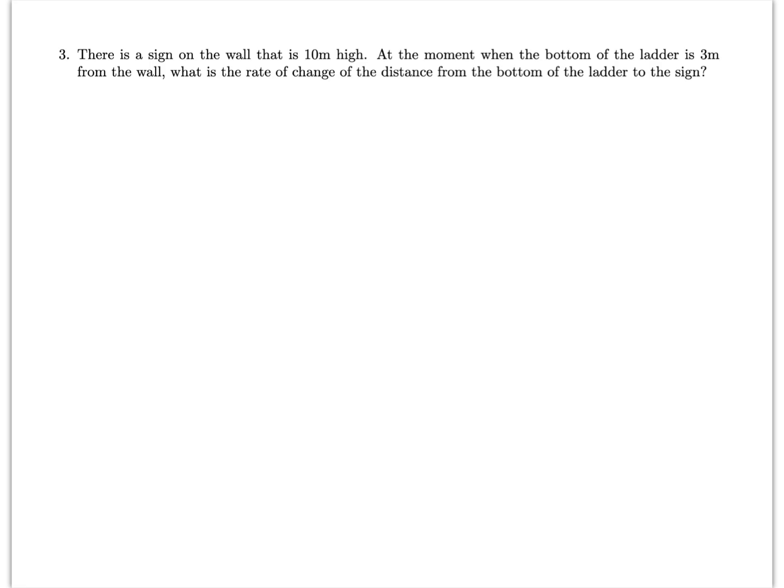Okay, so let's draw a picture of what they're describing. So there's our wall, here's our floor. We've got a ladder that goes partway up the wall, and we call that distance A. And the distance from the wall to the bottom of the ladder was B. The ladder is 5 meters.